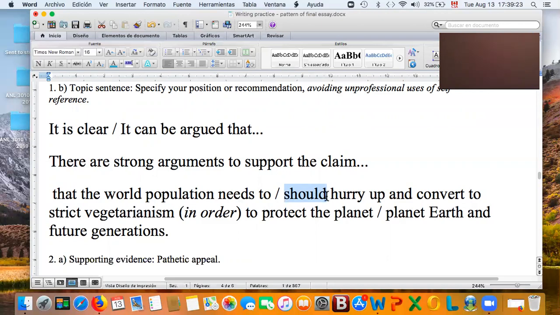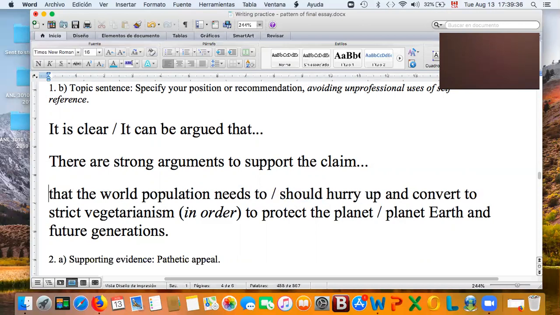If you think that it's enough that people realize that they should do this, well, fine. You may be of the opinion that people do not typically do things simply because they know that they should do them, but that's another point. So you decide here: the world population must, needs to, had better, or should. You're going to have to decide.